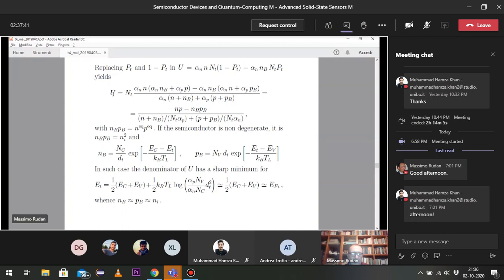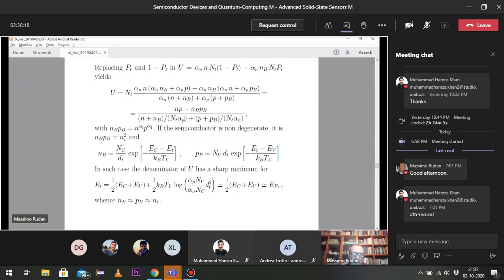And this is, of course, the energy of the traps that is the most important because it gives the maximum of U. When we go away from that value of ET, the denominator increases exponentially, so it will kill U, the recombination function, okay? So actually, the only trap level that is important is the trap level for which the denominator has a minimum.